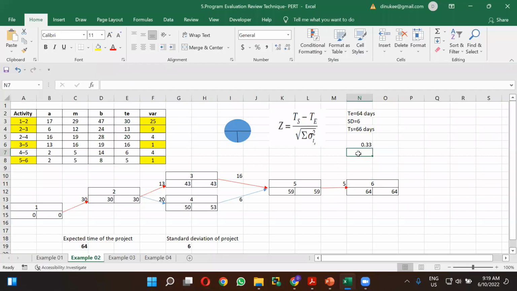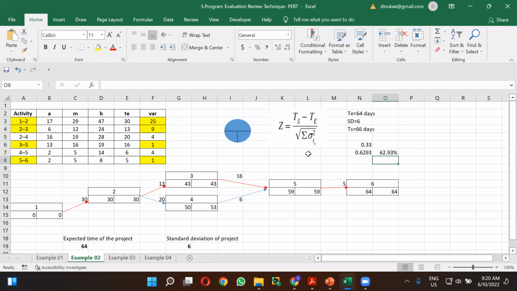If we convert this to a percentage, it means 62.93%. Right? So did you get that? How you have to read this Z value using the table?